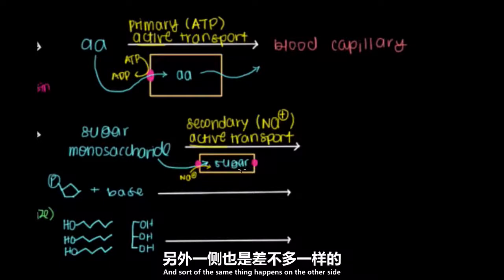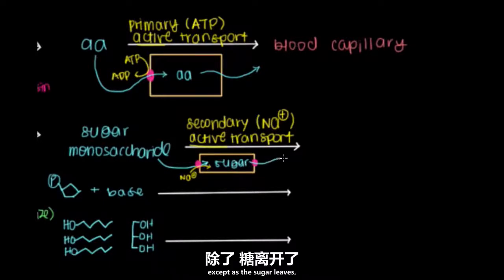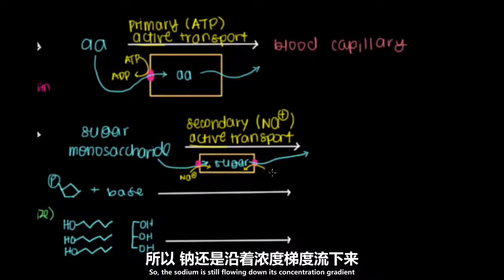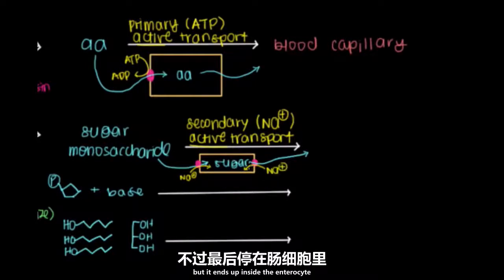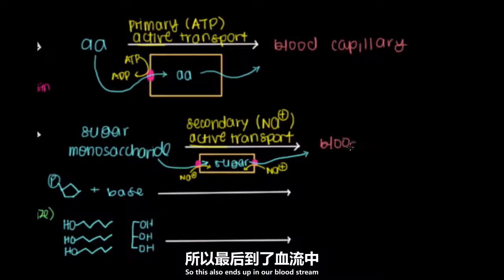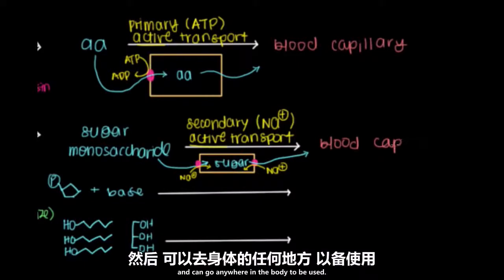And the same thing happens on the other side, except as the sugar leaves, sodium on this side is entering. So the sodium is still flowing down its concentration gradient, but it ends up inside the enterocyte while the sugar leaves and goes to the blood capillary. So this also ends up in our bloodstream and can go anywhere in the body to be used.